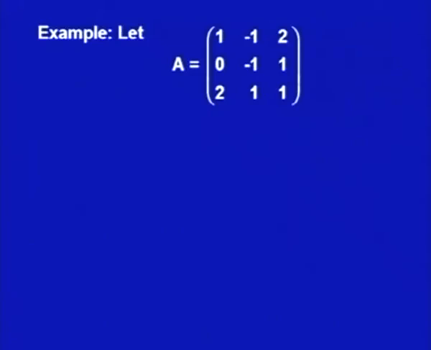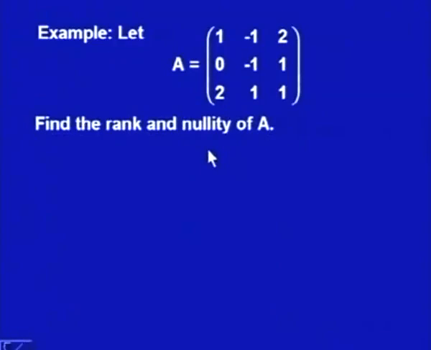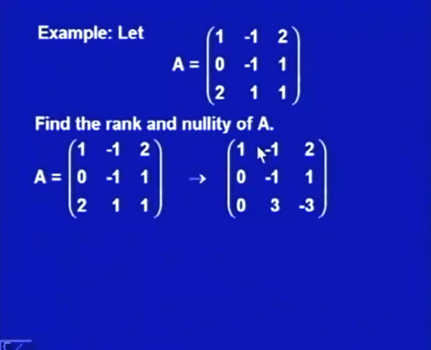Now we illustrate these concepts with the help of an example. Let us take a 3 by 3 matrix A as this matrix. Then we have to find the rank and nullity of this matrix. So I will start with the matrix A and try to reduce it into row echelon form. It is 1 minus 1 2, 0 minus 1 1, 2 1 and 1.